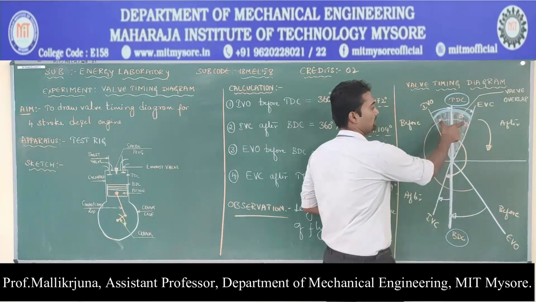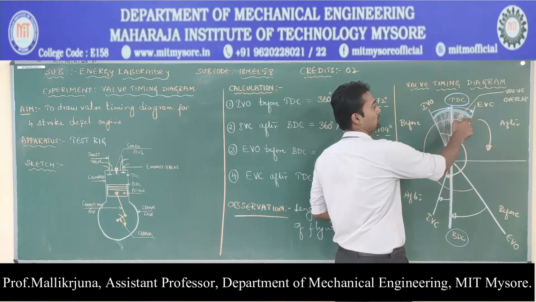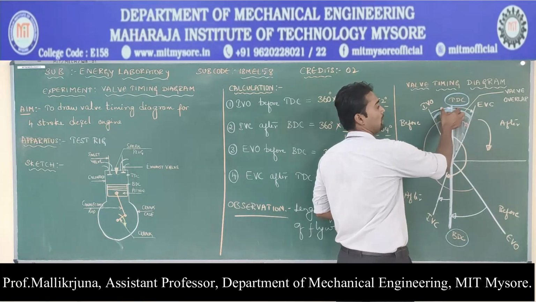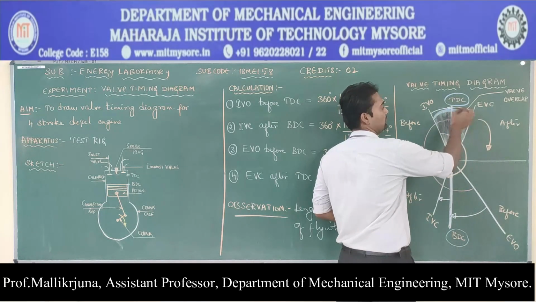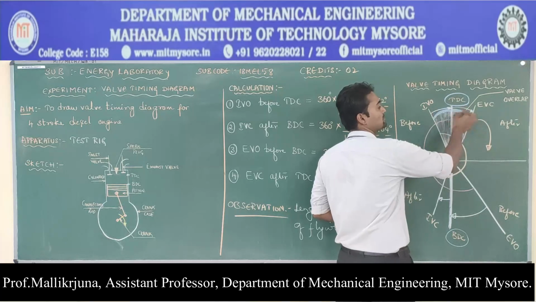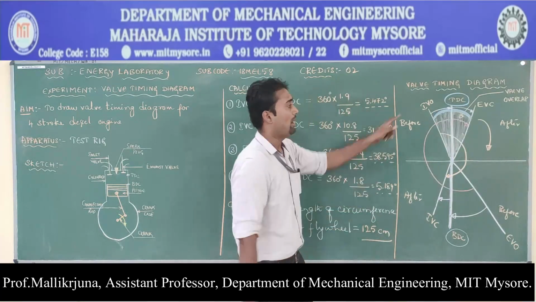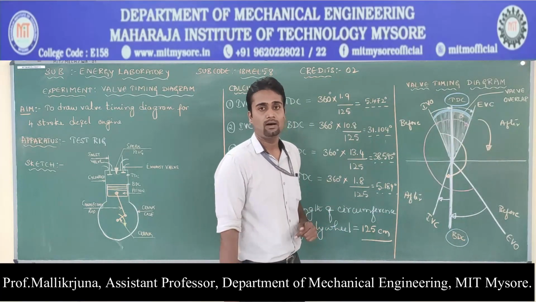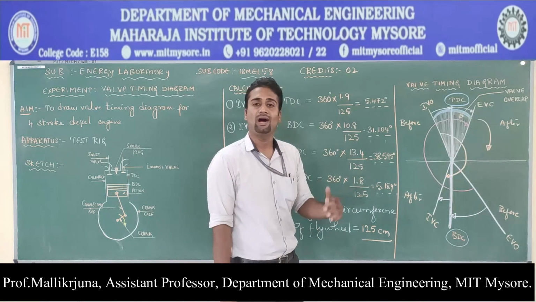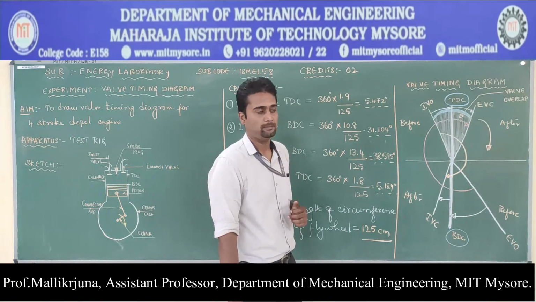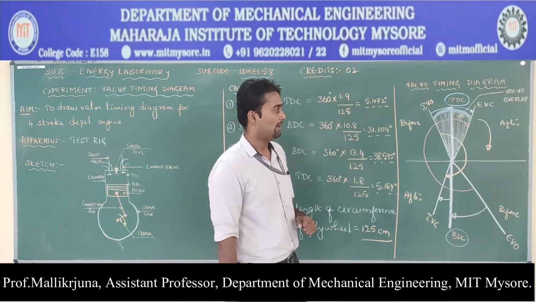If you clearly look at this, here both the inlet as well as the exhaust valves are open. So this period for which both the valves are open is called valve overlap. That is the valve overlapping phenomenon.